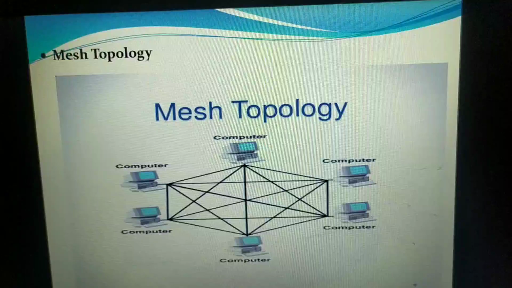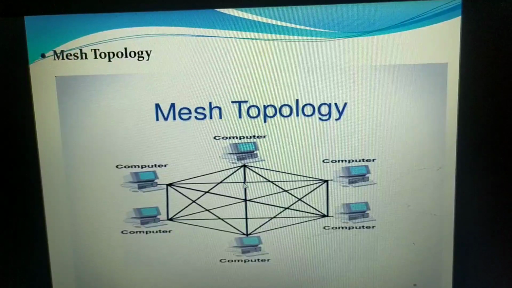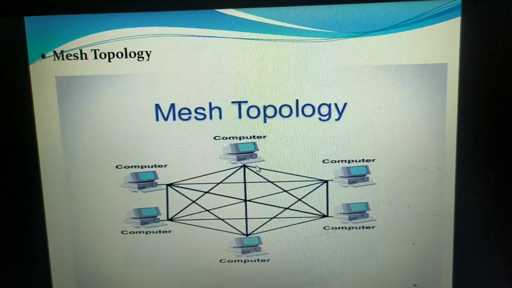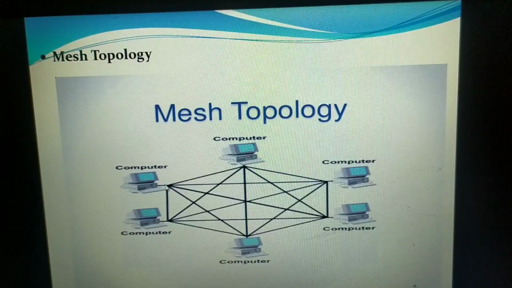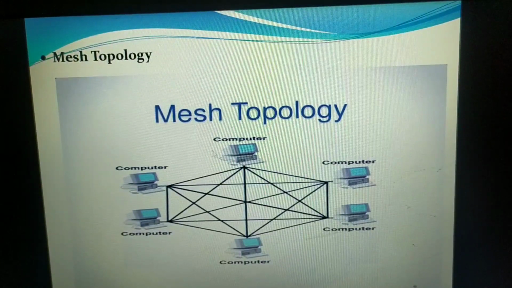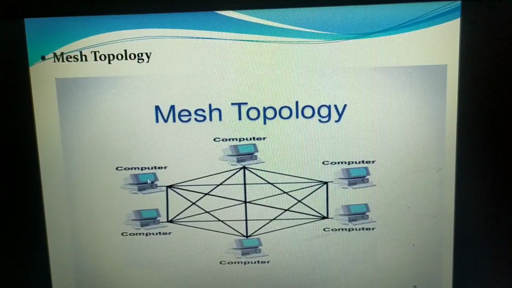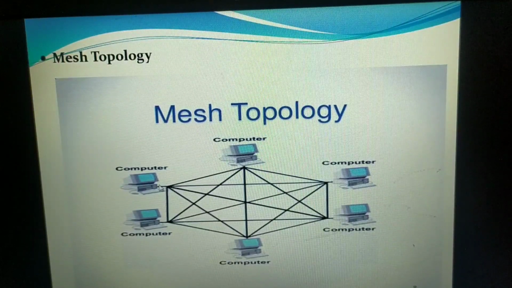Fine. The next topology we are discussing is the mesh topology. In this mesh topology, every node is connected to each and every other node, either by a direct link or by an alternative link. Let me explain with an example. Let me consider this as the source and this as the destination node. My data packet can move directly to the destination using this direct link, or it may take an alternative path.